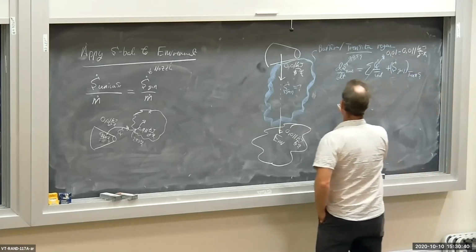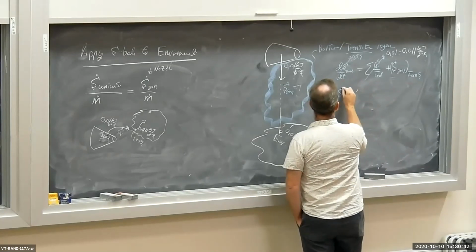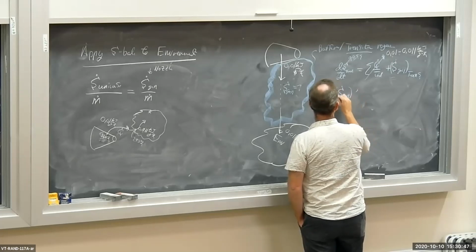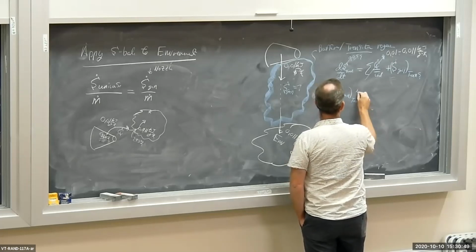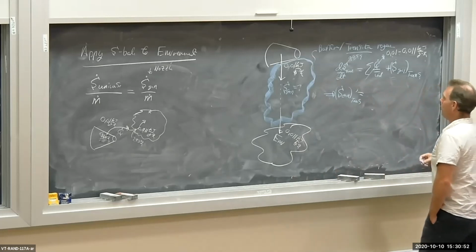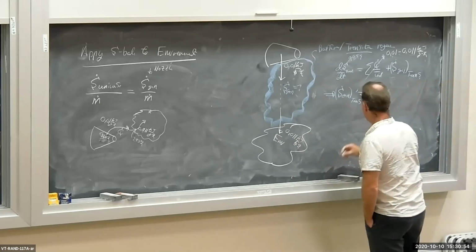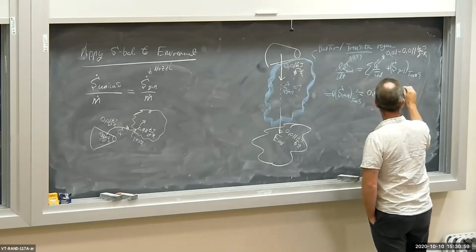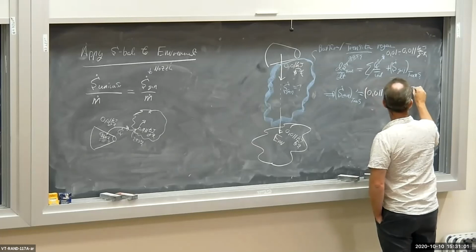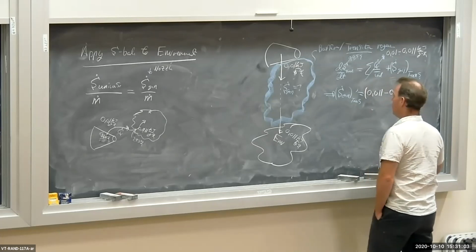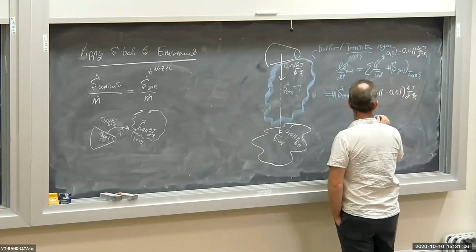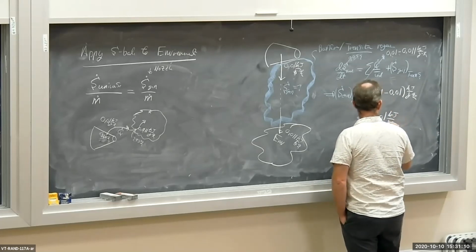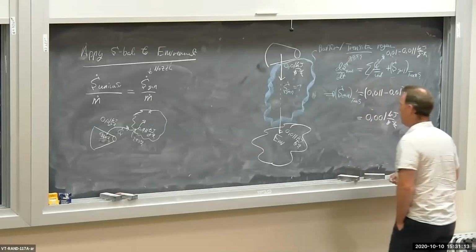So this gives me S dot generated in the transition region is equal to 0.011 minus 0.01 kilojoule per kilogram degree Kelvin, or if you like, 0.001 kilojoule per kilogram degree Kelvin.